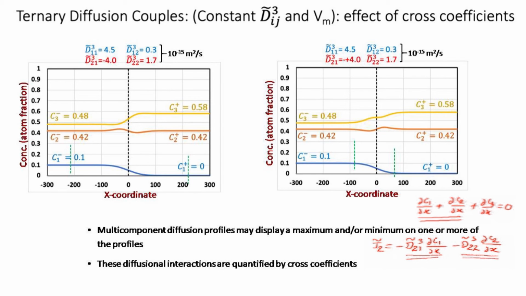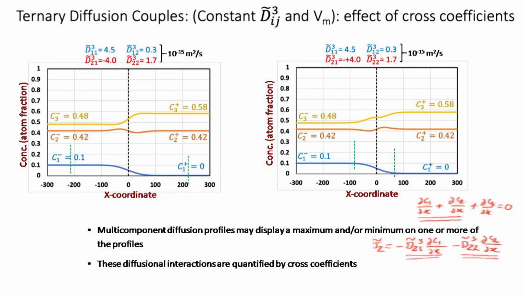Up the gradient means if by any chance the gradient of 1 was positive, then this first term will be positive and it will add to the second term, and so it has an additive effect. That means, the negative value of cross coefficient d21 tilde 3 enhances the interdiffusion flux of 2 up the gradient of 1 and reduces it down the gradient of 1.